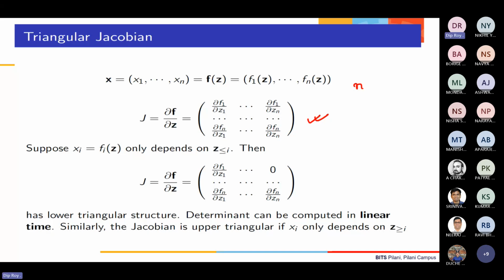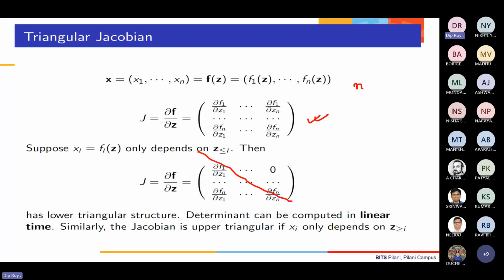You can make this Jacobian triangular by introducing some dependencies, conditional dependencies. You can convert it into a lower triangle or an upper triangle if you introduce some dependencies. And what kind of conditional dependencies are they? In the case of a lower triangular matrix, everything above the diagonal is zero.